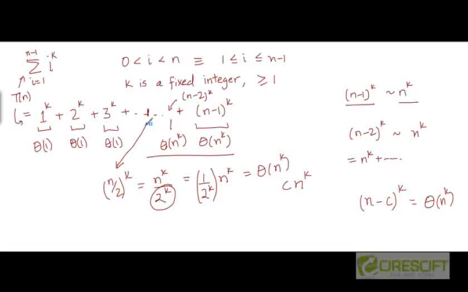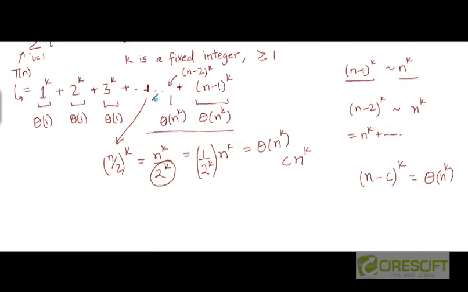So we can see here that the entire right half of this series is going to have terms with a complexity of theta of n to the power k. So clearly there are more than just a constant number of terms having a complexity of theta of n to the power k.